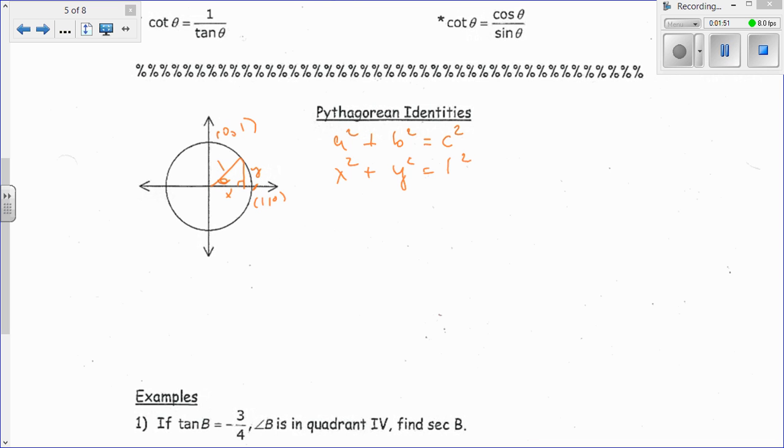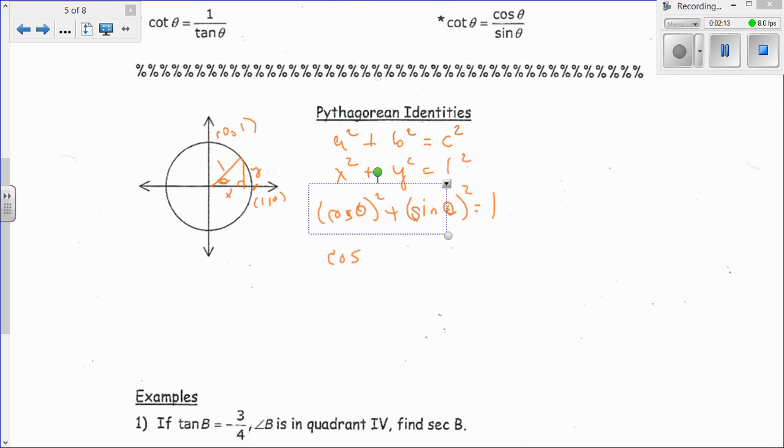We also learned that x was cosine. So cosine theta squared plus y is sine, so it's sine theta squared is equal to 1. And then we're just going to rewrite it.